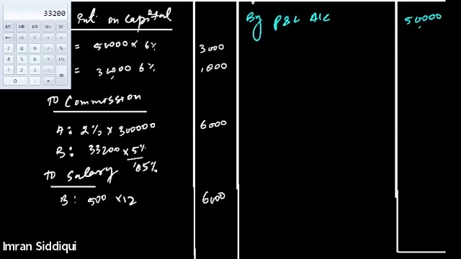In such a situation, we need to calculate the commission like this: 33,200 into 5 by 105. I hope this is clear to you. Yes, sir. Whenever the question says that we need to include such commission also, then we do this.